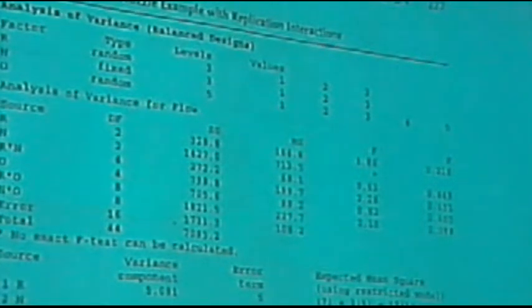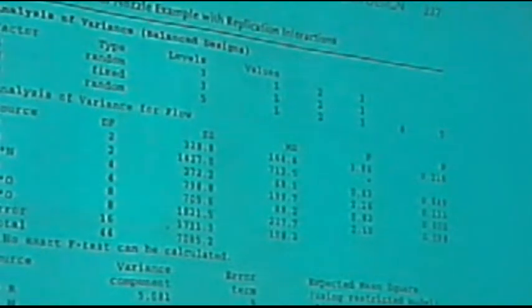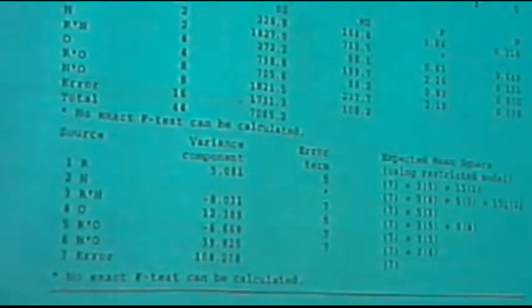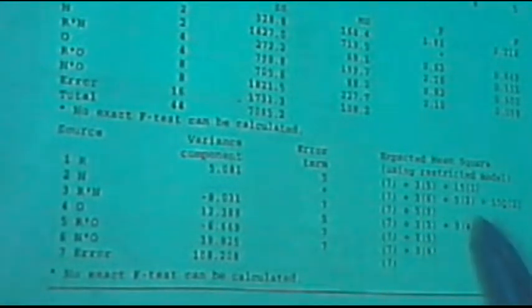And so we can take a look at this and see that everything has a proper denominator except, let's see, which one? It says here, there's no direct test on nozzle. Let's see, that's N. There's the expected mean square.